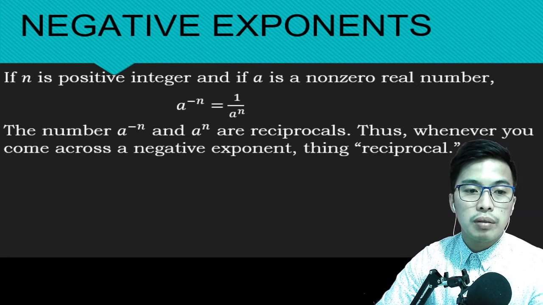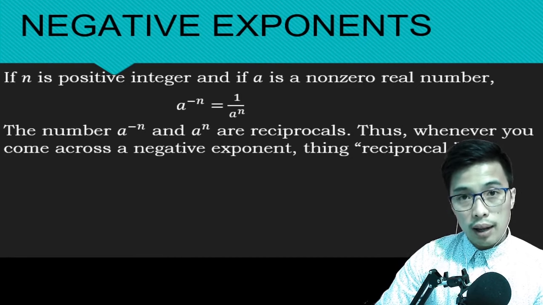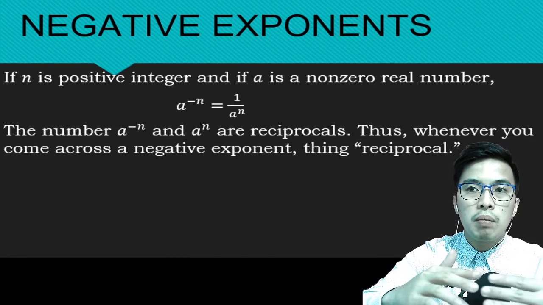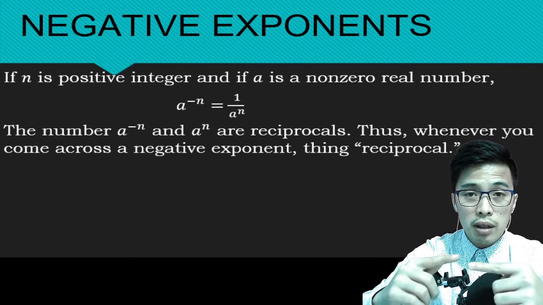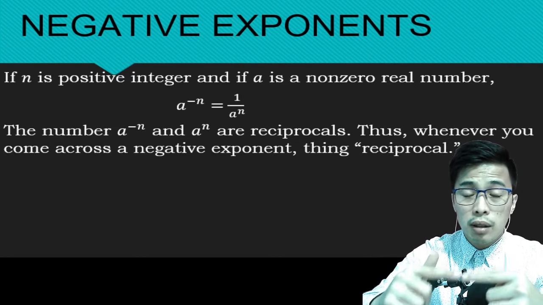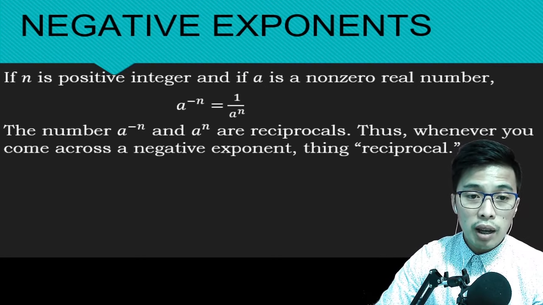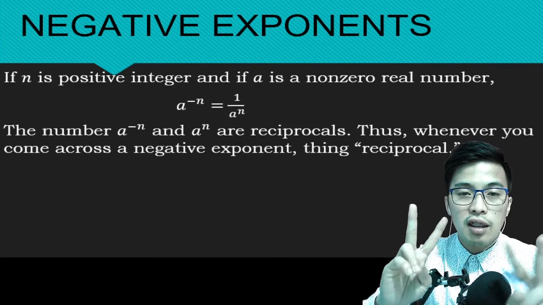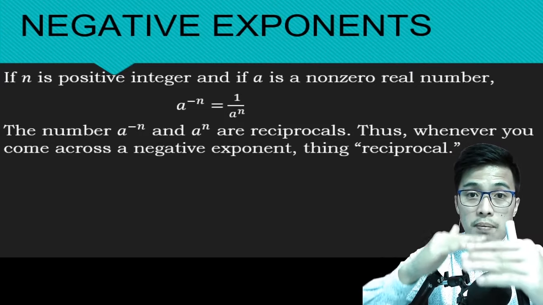So, paano nangyari? Okay, here we are simply applying the reciprocals. If yung negative exponent number is nandun sa numerator, ilalagay mo lang siya sa denominator. Kapag nasa denominator mo naman, itataas mo siya, ilalagay mo siya dun sa numerator. Okay? So, whenever you come across a negative exponent, take the reciprocal. So, parang pinagbabaliktad na siya.